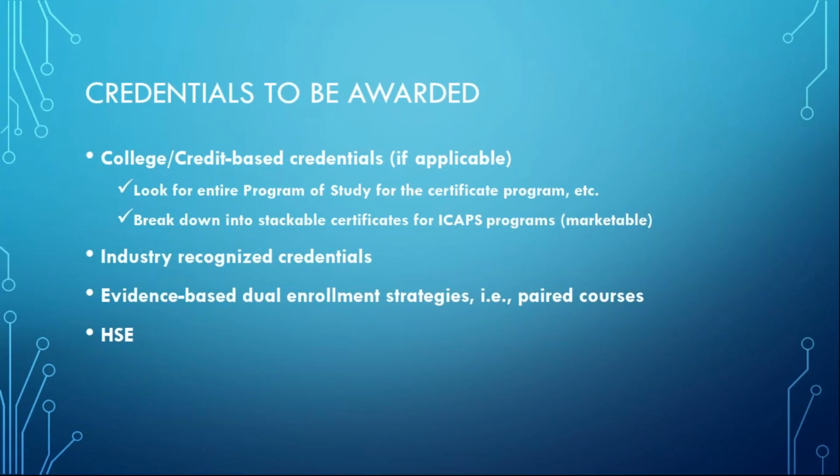Those 4 classes can go into a number of different certificates or associate's degrees here at the college. So that doesn't give them exactly that one credential, but it gives them a starting point into 4 different paths.